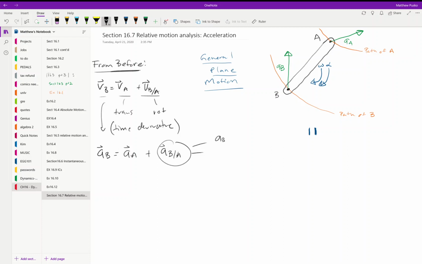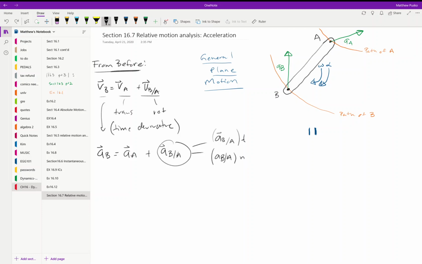We have the acceleration of B with respect to A in the tangential direction, and an acceleration of B with respect to A in the normal direction, and we'll derive what those are.